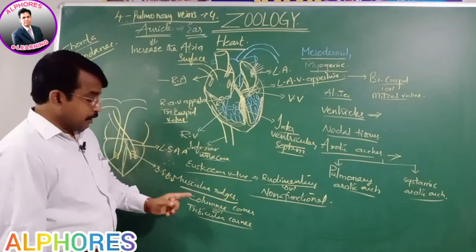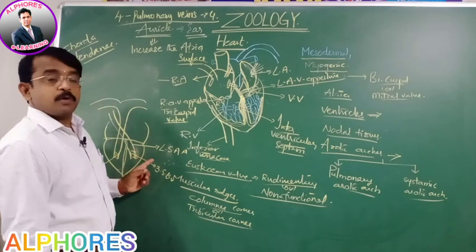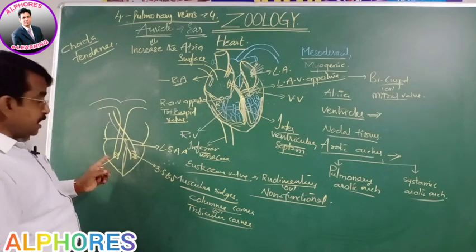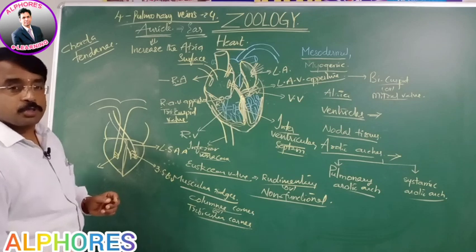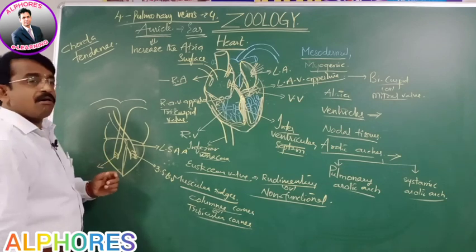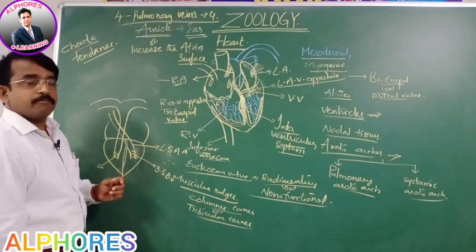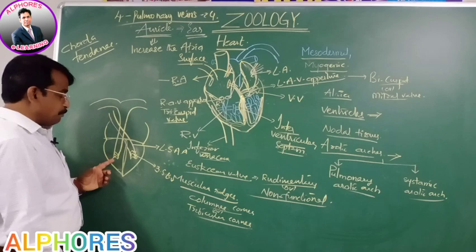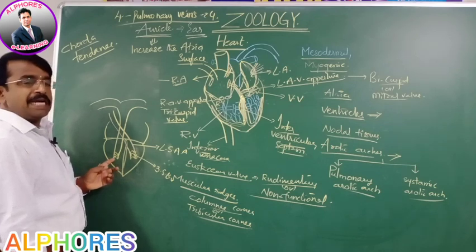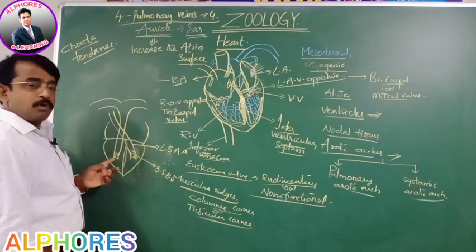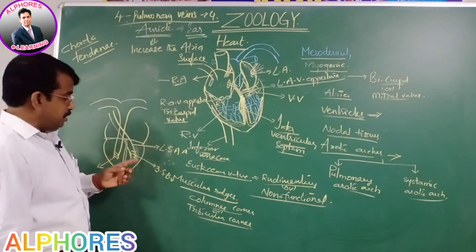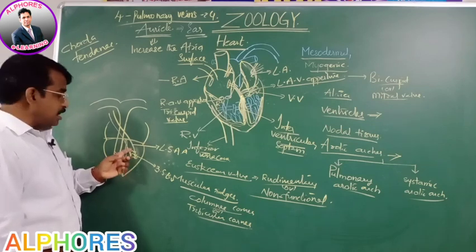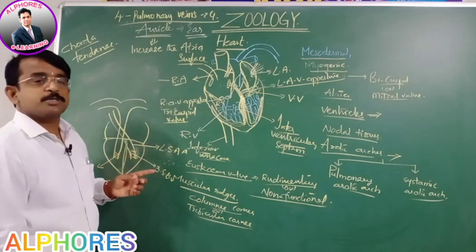The left systemic aortic arch originates at the left ventricle, whereas the pulmonary aortic arch originates from the right ventricle. At its origin there are three half moon shaped semilunar valves, which together are named the pulmonary trunk valve, whereas the three semilunar valves between the left ventricle and the left systemic aortic arch are the systemic valve.